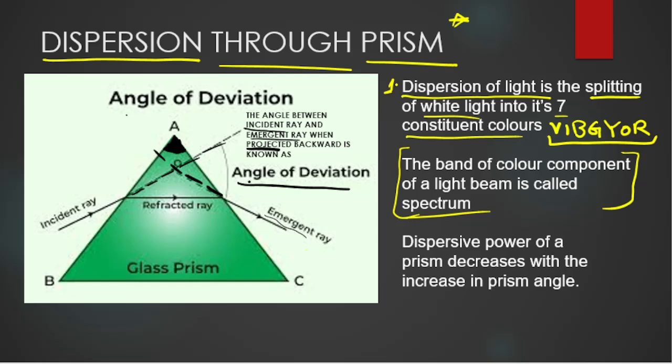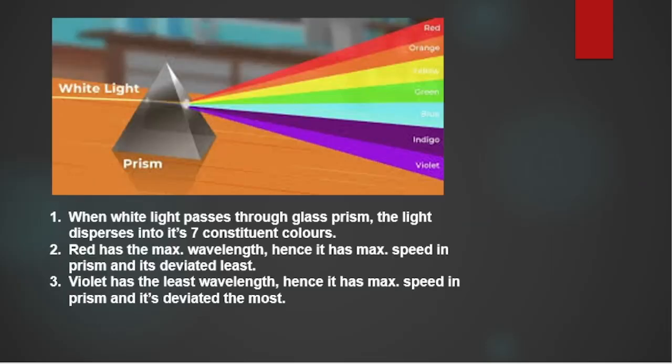So now the angle made is nothing but angle of deviation. Angle of deviation is the angle between the incident ray and emergent ray when projected backwards. I hope it is clear.